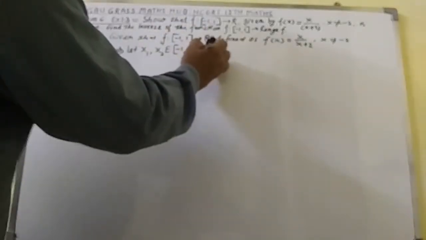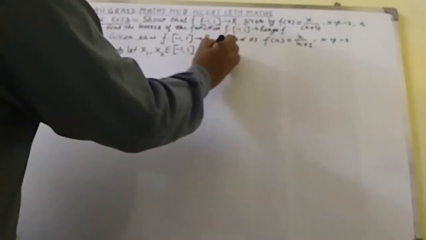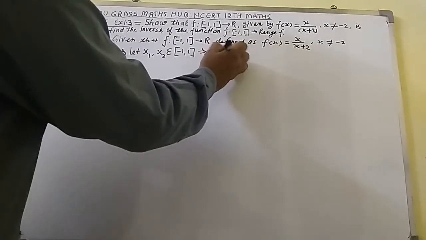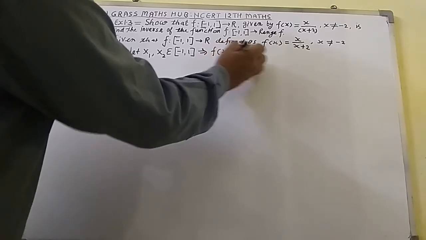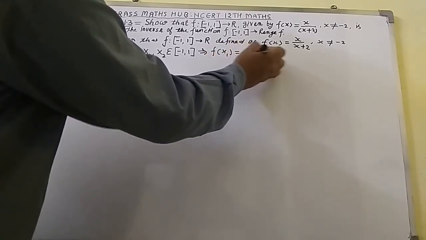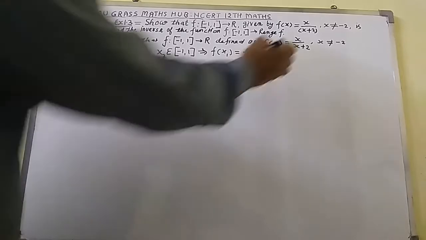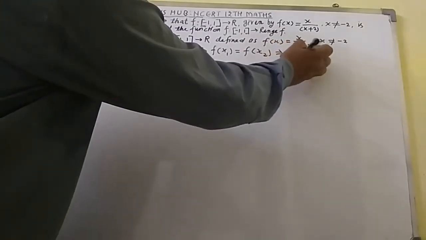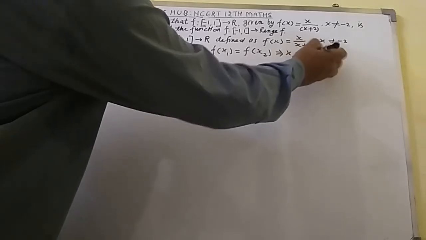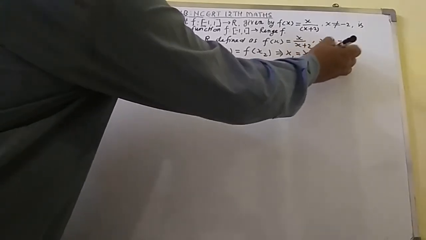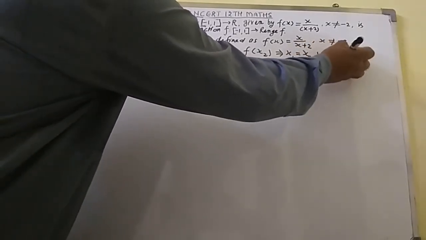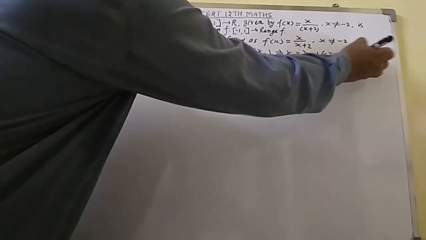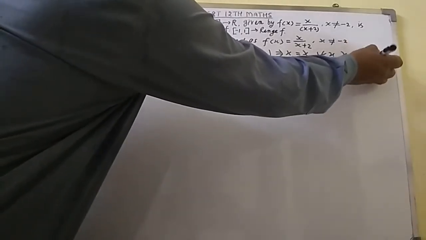Implies that f(x1) = f(x2) implies that x1 = x2, for all x1, x2 belonging to [-1, 1].